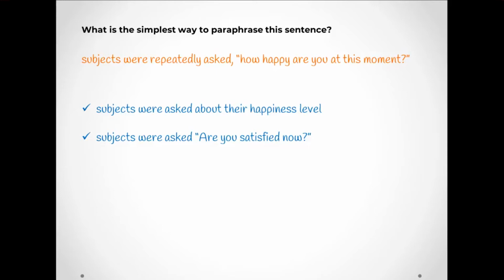Yes, Babuti. With the second example, "Subjects were asked, 'Are you satisfied now?'" for me it is a yes or no question. Are you satisfied? While the original question is, "How happy are you at this moment?"